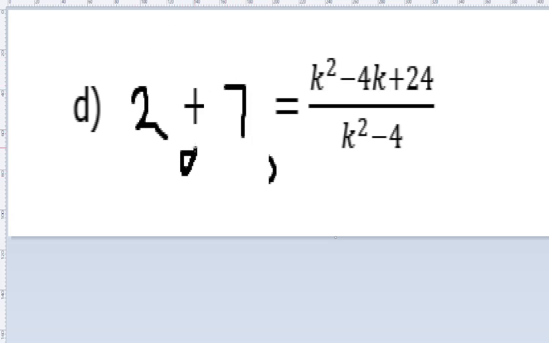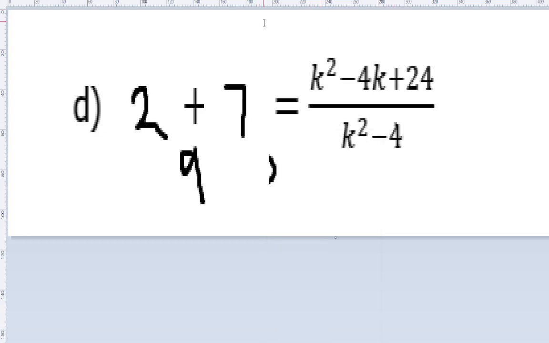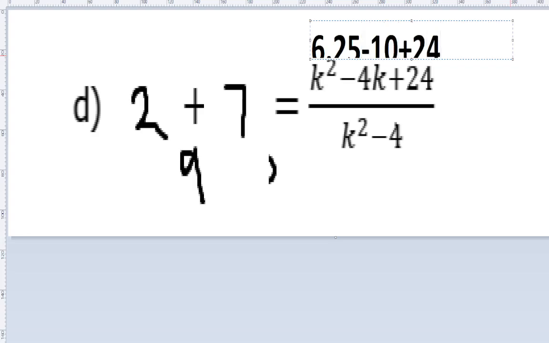And that's 9. On the right, a little bit more complicated because we've got to figure out what 2.5 squared is. 6.25. So I get 6.25 minus 4 times 2.5 is 10, plus 24. Minus 10 plus 24 is plus 14. And 6.25 plus 14 is 20.25.